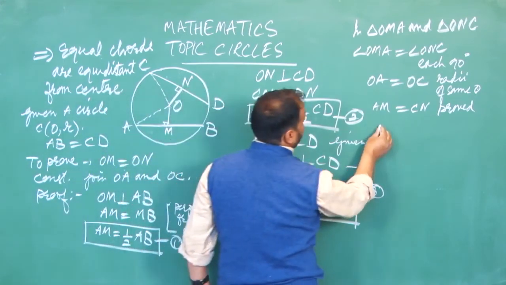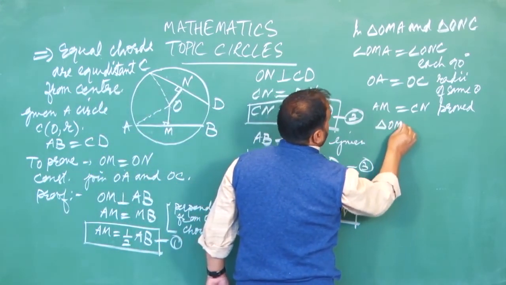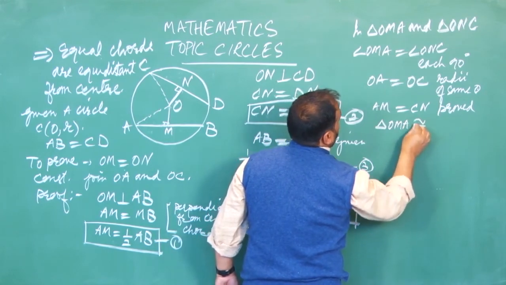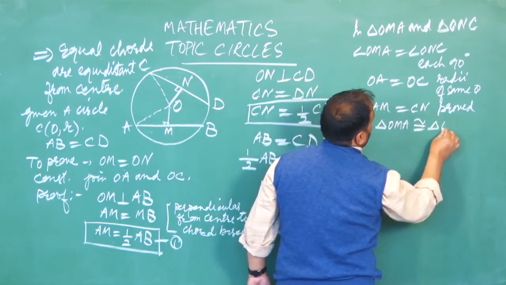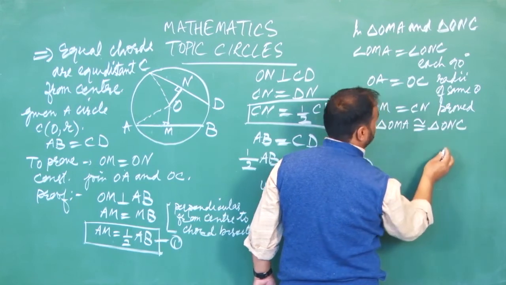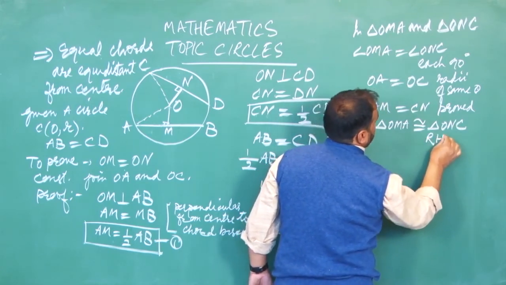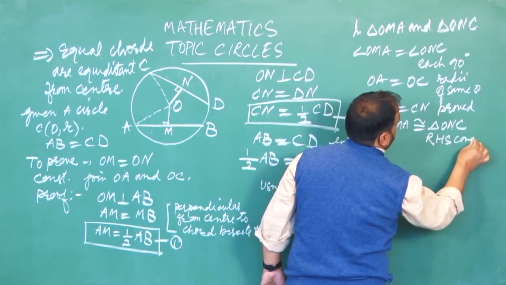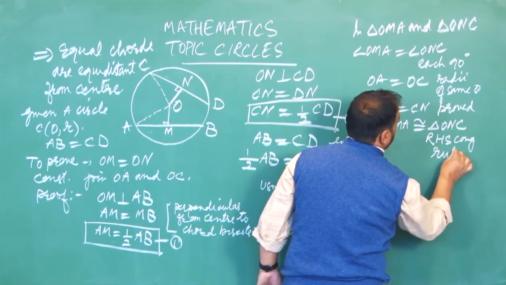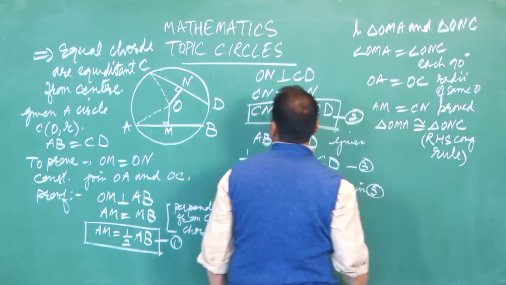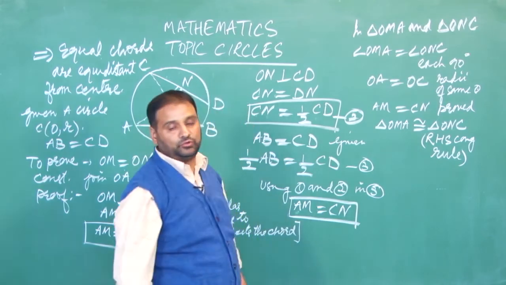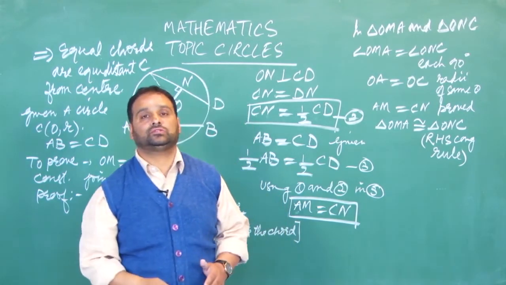Which rule? This is a right angle, and the hypotenuse and one of the sides of the triangles are equal to each other, and this rule is the RHS Congruence Rule. When these two triangles are congruent, then any corresponding side or angle is also equal.